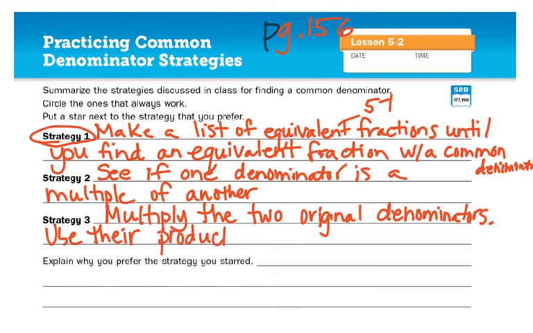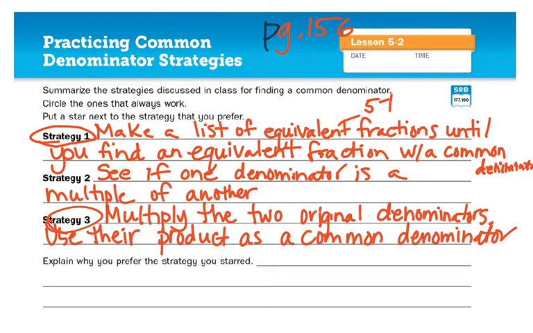Product is the answer when you multiply. This one always works. Sometimes we don't have a denominator that is a multiple of another one.